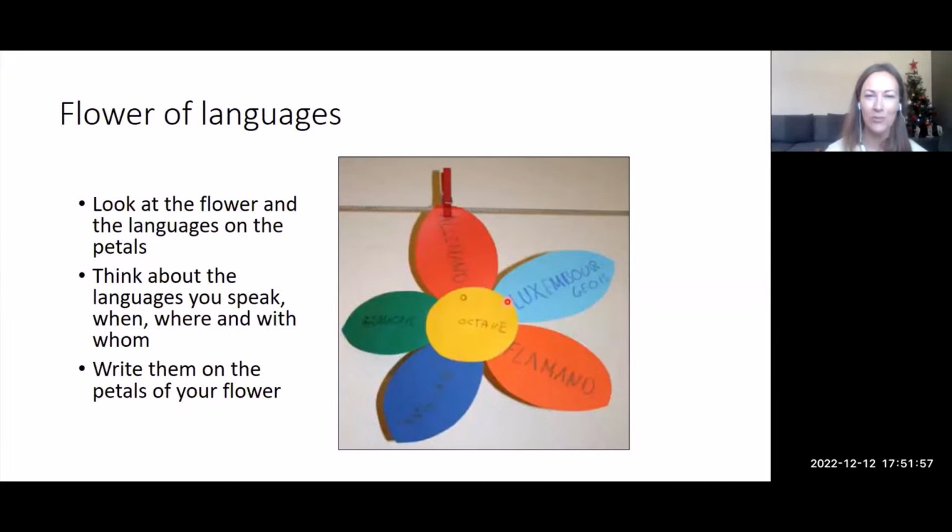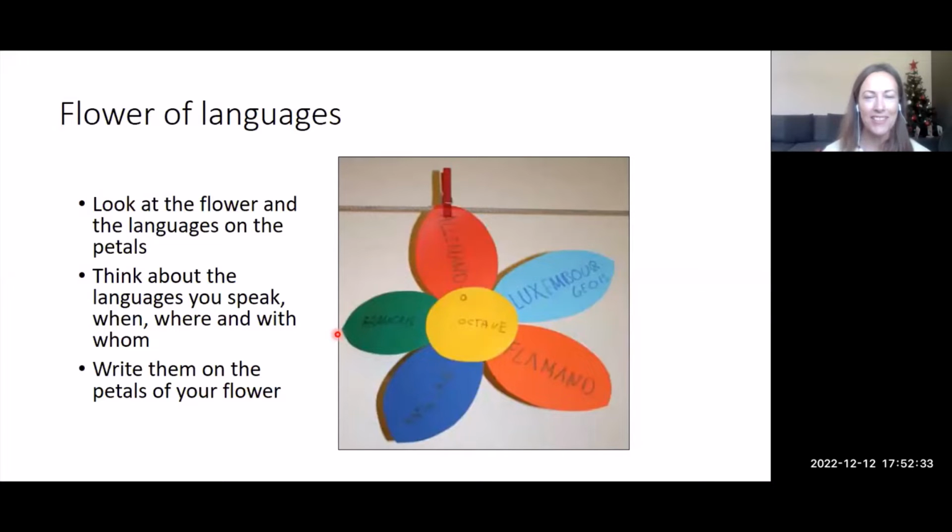So first, the child writes their name in the middle, and then we ask them to think about the languages that they speak, the languages that they hear, the languages that they see around them, even if they don't understand them all very well. And they write these languages, each one on a petal of the flower. Here they've written German, Luxembourgish, Flemish, English, and French.